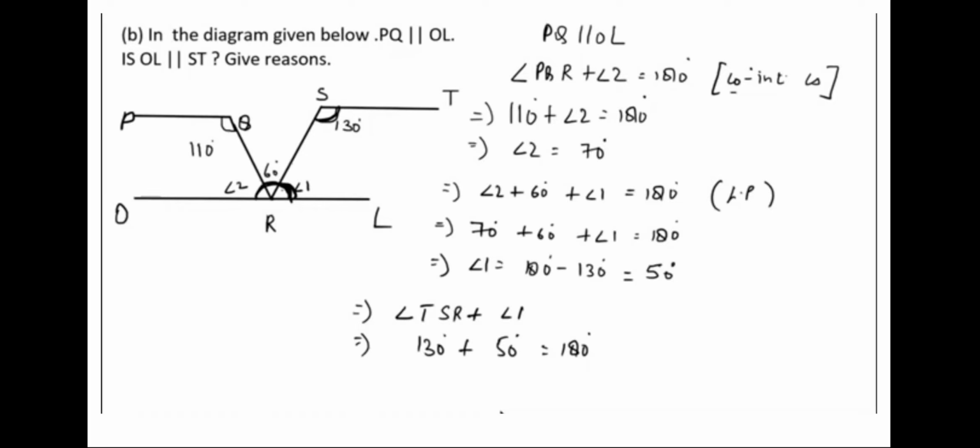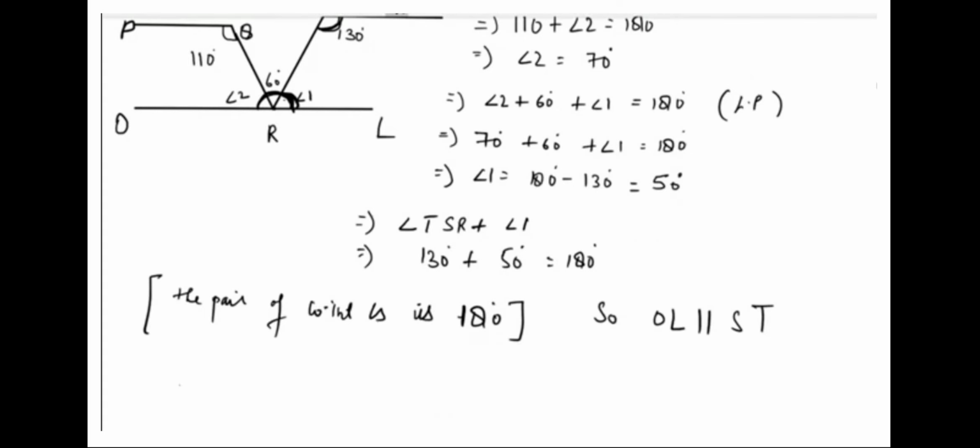This implies angle TSR plus angle 1 is equal to TSR, it is given 130 degree, plus angle 1 we got 50 degree, we will add it, we will get 180 degree. It shows that 110 plus angle 2 is equal to 180 degree. This implies angle 2 is equal to 70 degree.